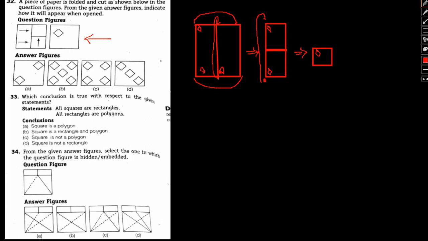When we open it, there will be four holes on the four corners. That is, the paper on unfolding would look something like this: one hole here, another here, one here, and another here. So four different holes we'll have.